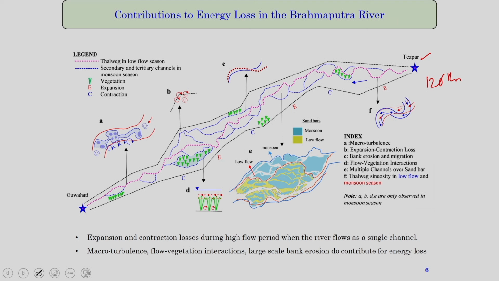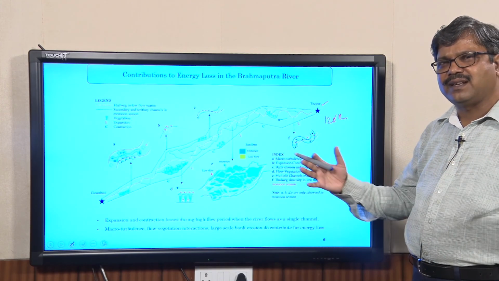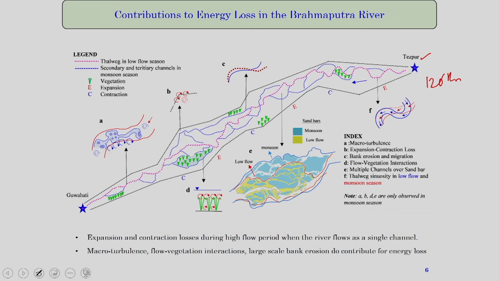It's not a uniform width river. This expansion and contraction also varies from season to season. For example, in low flow you can see which channels are activated, but in the monsoon high flow, other channels are active. The width also expands and contracts season to season, month to month.